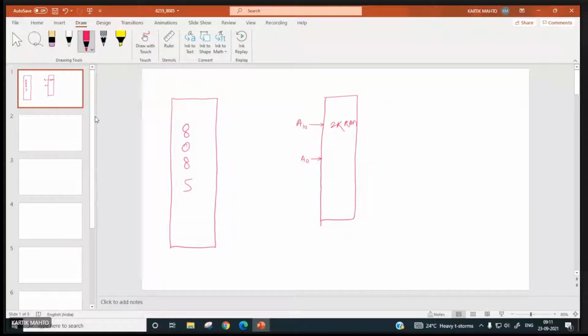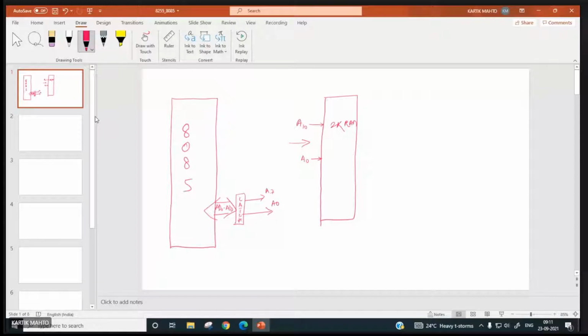So these addresses will be sent by the microprocessor. How will it send? Using AD0 to AD7, right? An external latch will be there, and from here A0 to A7 will come out.